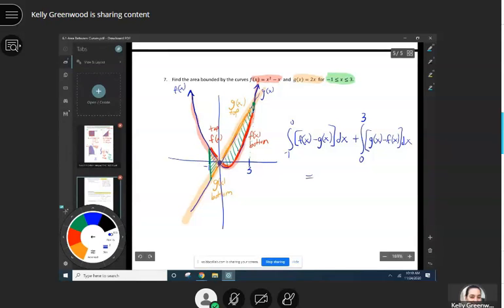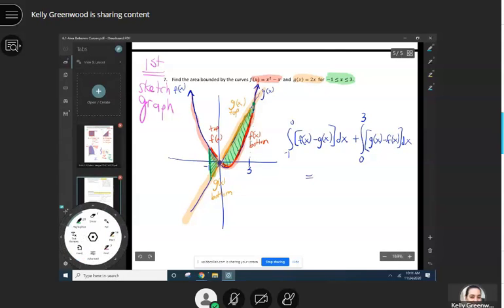But to get your points, let's talk about what you need to do to get your points. So to get your points, you need to sketch the graph. So that's what you're going to do first. Sketch graph. And then show me that shaded area. What are you even trying to calculate? So we were trying to calculate this area here and this area here. The green area.